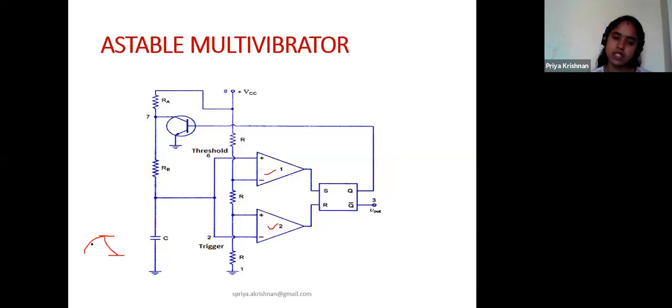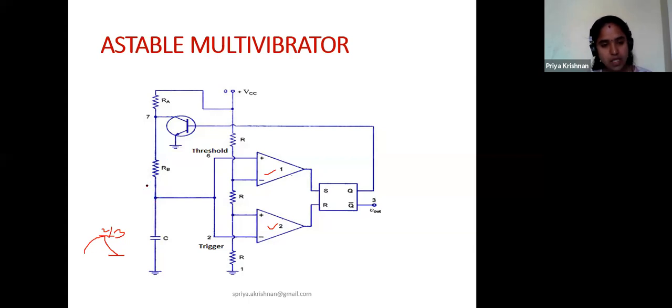When the capacitor charges and reaches 2 by 3 VCC, this comparator goes on and gives S as 1, so Q will be 1, and because of that, the transistor goes to the on state.